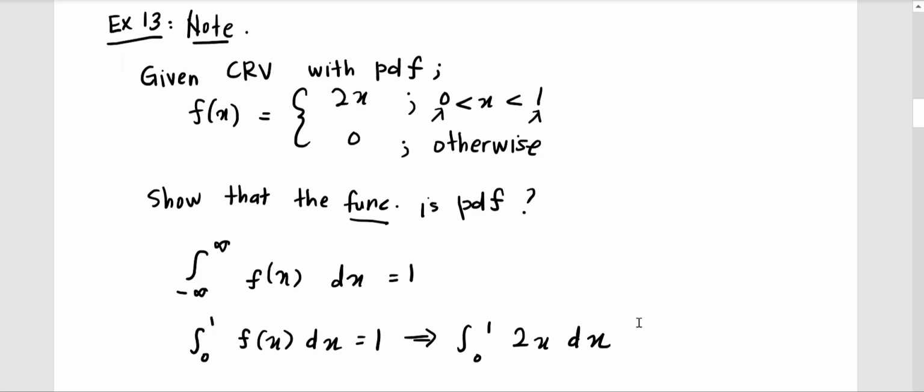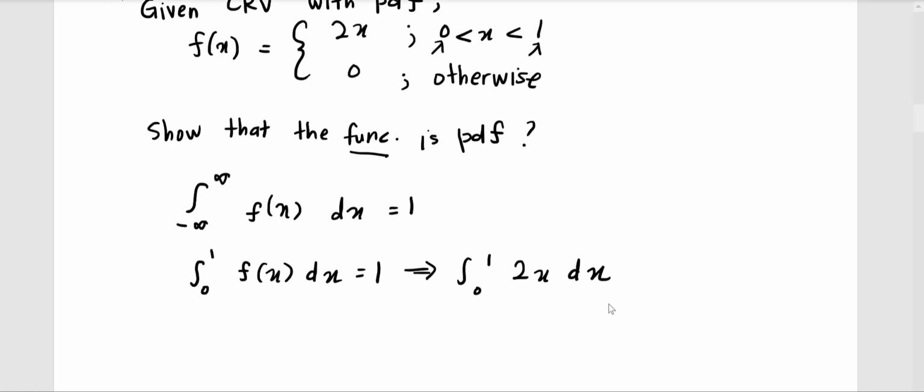The 2 is a constant, so we just integrate x from 0 to 1. If we integrate, x becomes x squared over 2.